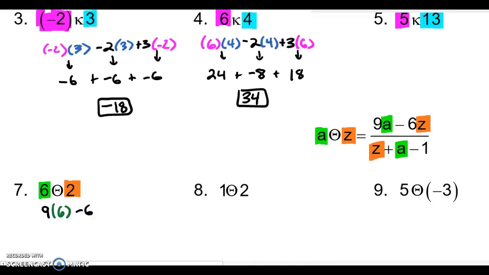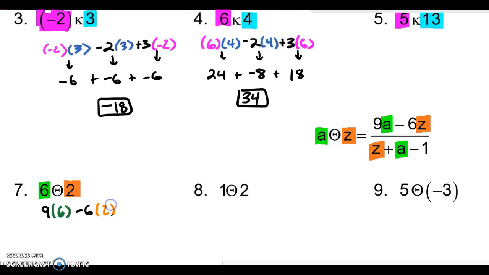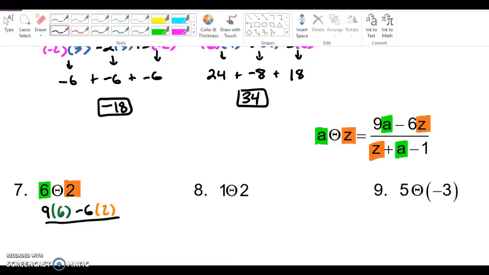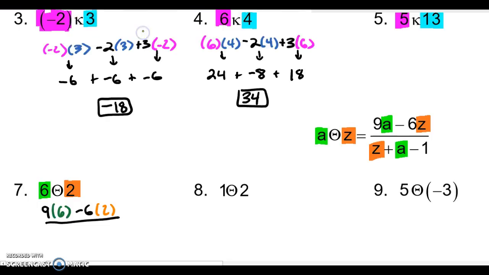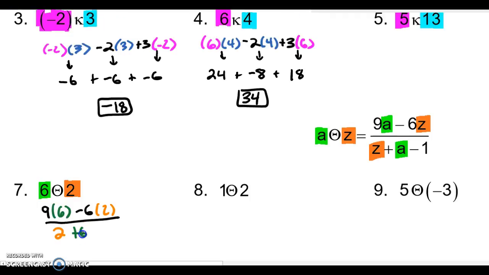Z is 2. And then all of that is divided by z, which again we said was 2. And then plus a, which is 6. And -1.